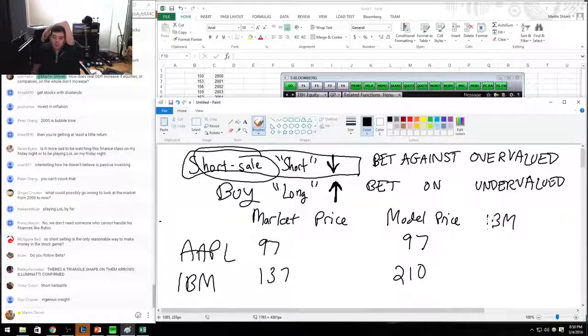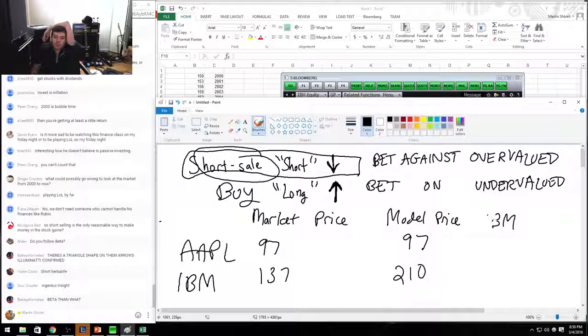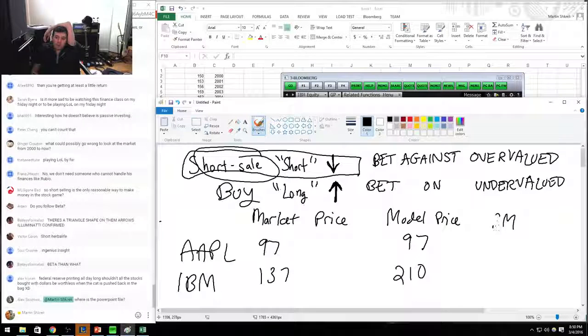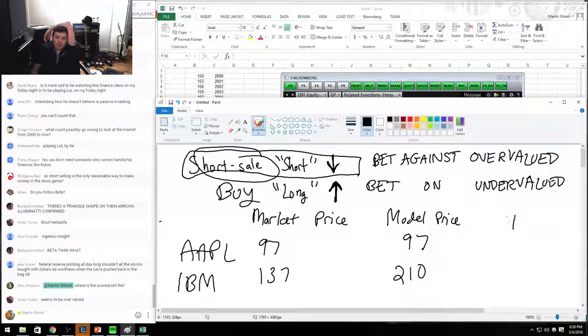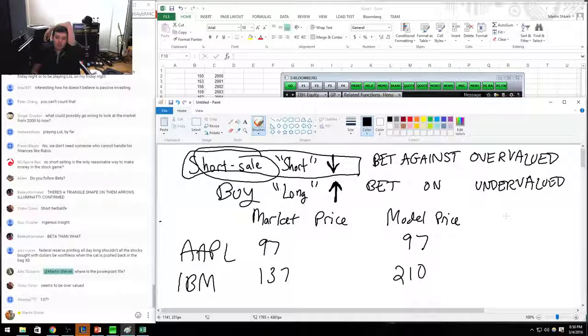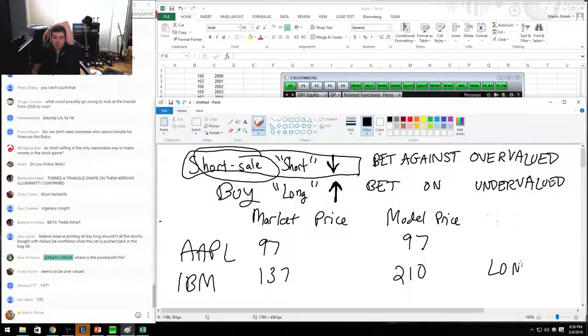Well, this is simple. If there's a recession and we buy IBM, the stock price will go down, right? It'll go from 137 to like 127 or 117 or 107. So if we're long IBM, we might be making a great investment. We'll still lose money if the stock market goes down.